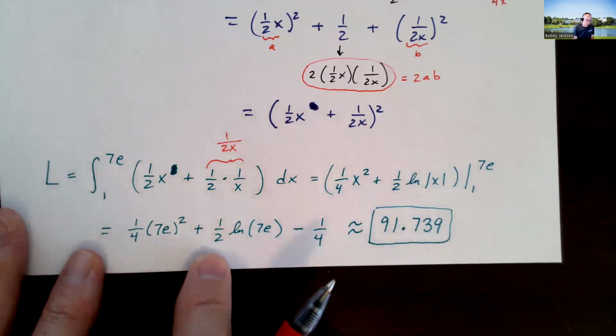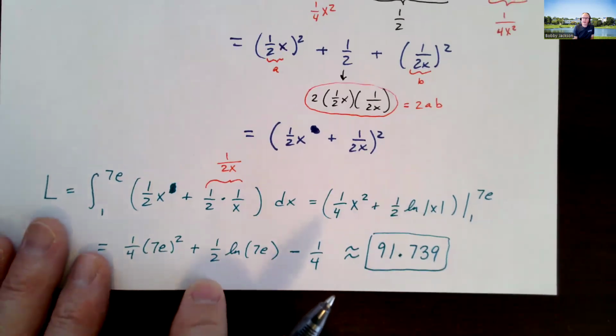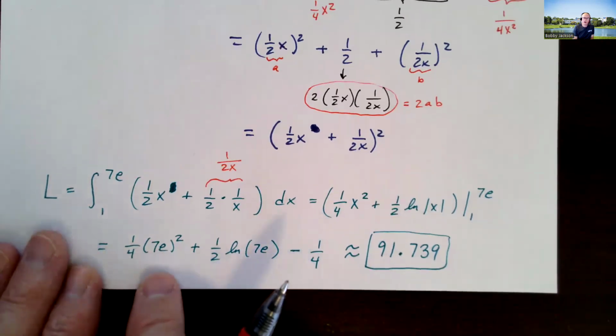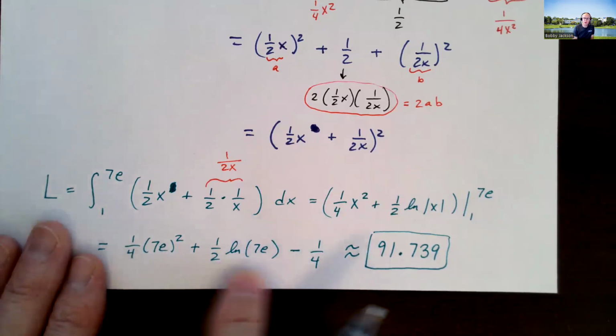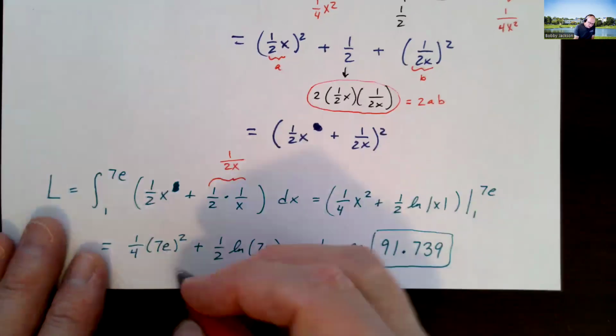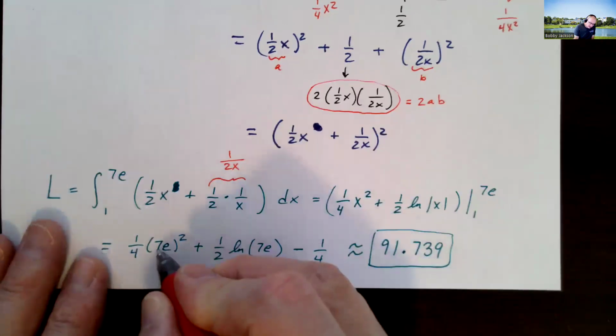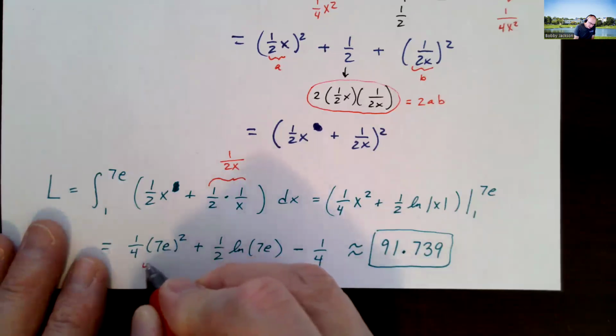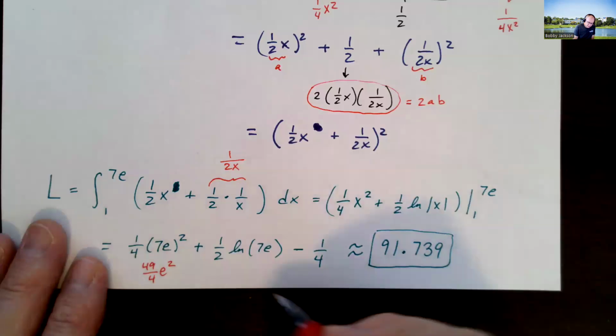And they wanted, I think in this case, a decimal approximation, or I'm not sure. Actually, I didn't write down exactly. I can't remember. But here's the exact answer. You could square 7 here, so you get 49 fourths e squared, I guess.